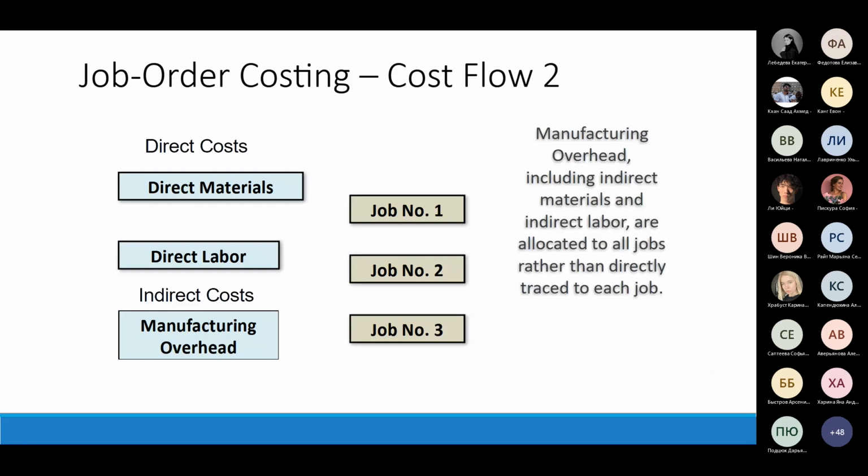Then we need to split the indirect costs, which is also called the manufacturing overhead, because they are expenses associated with the production, but not directly. For example, for the jeans manufacturing factory, indirect cost may be the cost of electricity used to drive the sewing machines.